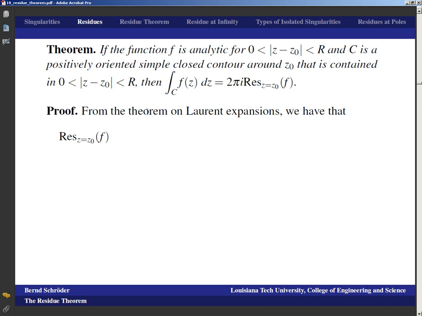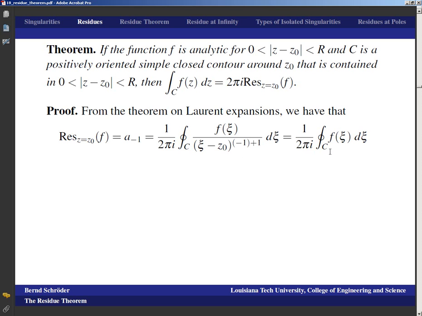And the proof: from the theorem on the Laurent expansions, we have that the residue is a_{-1}, if we're using those double-sided coefficients, and a_{-1} from that theorem is 1 over 2 pi i times the integral over C of f(ζ) divided by (ζ - z0)^(-1+1), and then of course the denominator goes away, so this is 1 over 2 pi i times the integral of f(ζ) dζ, just like we claimed it to be.